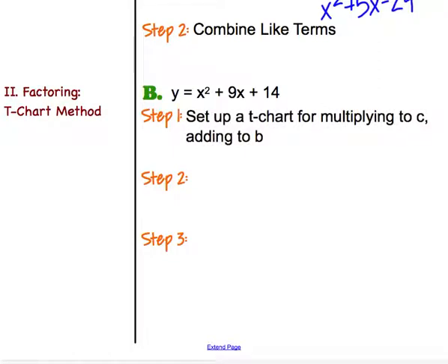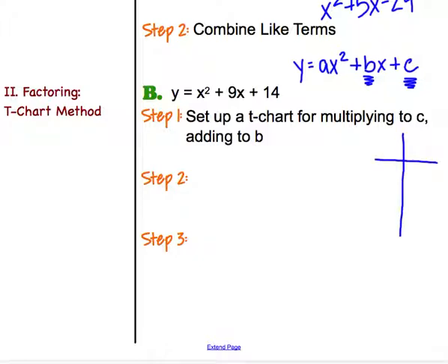What we mean by that is, if you recall, our basic form of standard form is a times x squared plus b times x plus c. So we're talking about multiplying to c, our constant term, and adding to b, our middle term. So if we set up our t-chart, in our case here, we want it to multiply to 14, and we want it to add to 9.